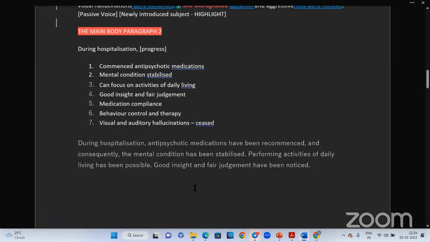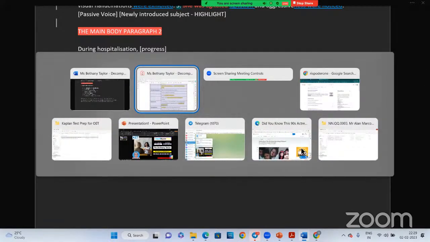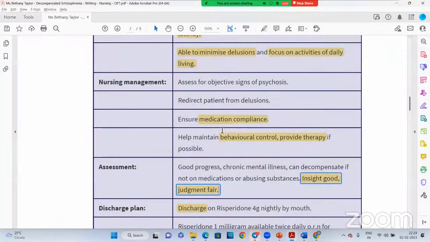Then medication compliance. So medication, ensure medication. We have ensured, you also ensure.